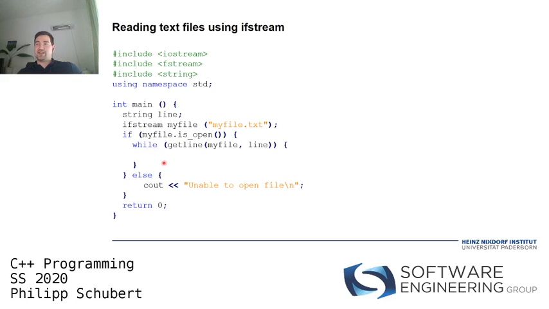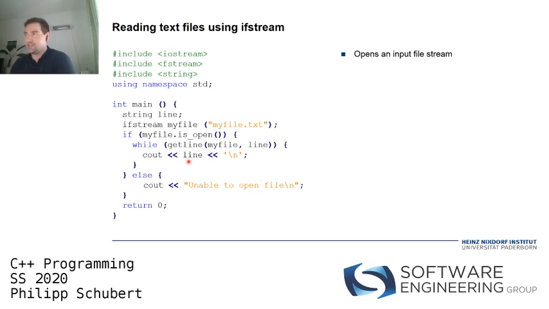Because you can now, in a while loop, read all lines of a file line by line, one after the other, and each line will be available to you in that string, because getline will read a line from that file, put the data in the string line, and then read the next line because you have it in a while loop here. And then you can, for instance, print each line to the command line again, just as a showcase here. You could then also process that data and do something useful with it.